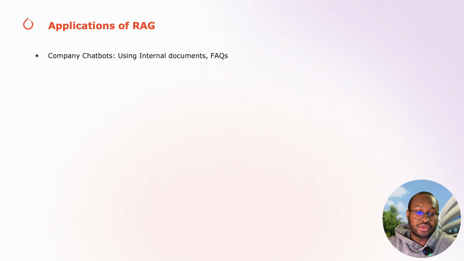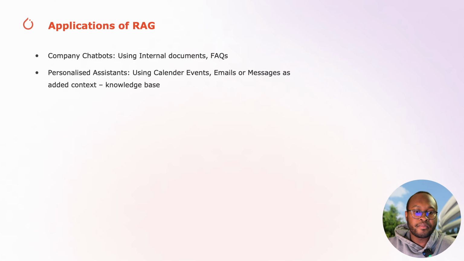Some of the applications of RAG include chatbots, for example. You can have a company selling products, and a chatbot might be answering user questions about returning a particular item, and that chatbot can have access to internal documents and frequently asked questions to help assist users. And it can also be used in personalized assistance.